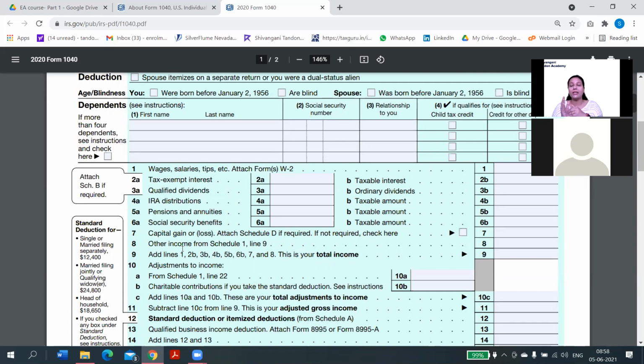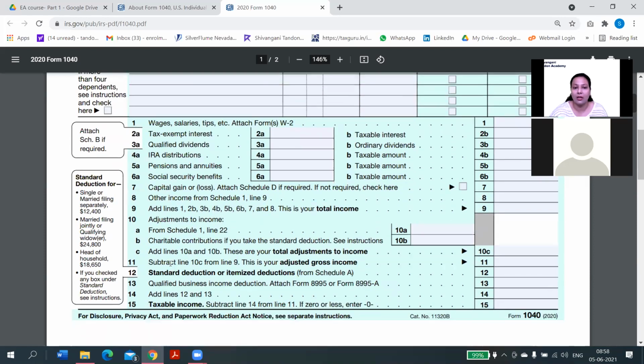That might be your dividends, interest, pensions, annuities, retirement funds, anything which you have invested and you are just getting a return on that. Okay, so that is your passive income. So from line 1 till line 9, you will be reporting all your gross income, which is known as active plus passive income.